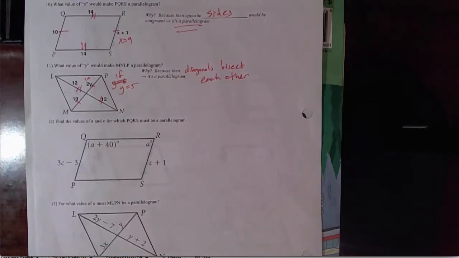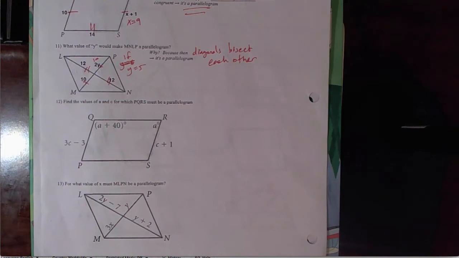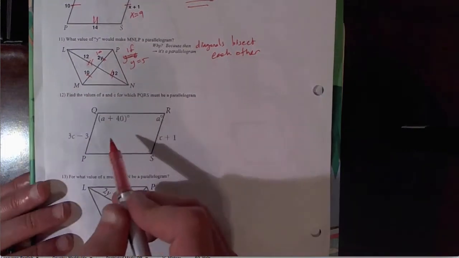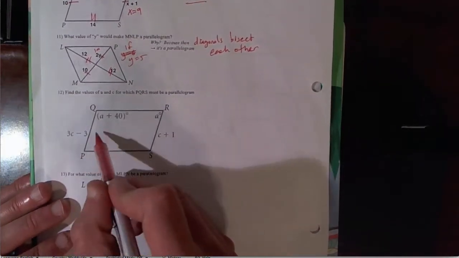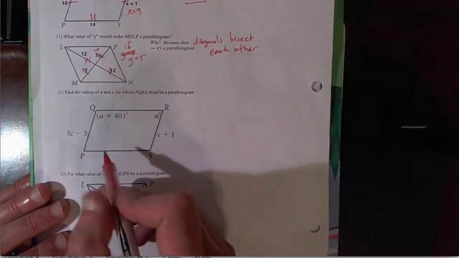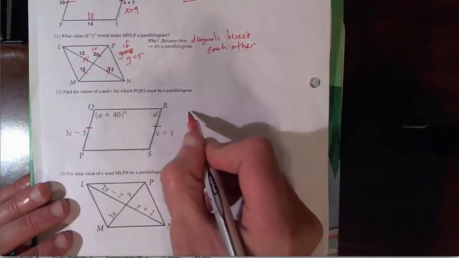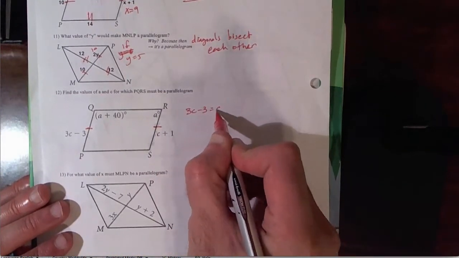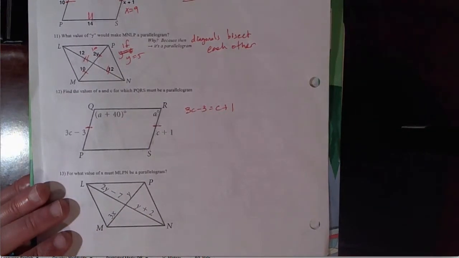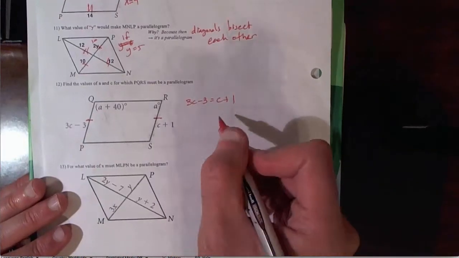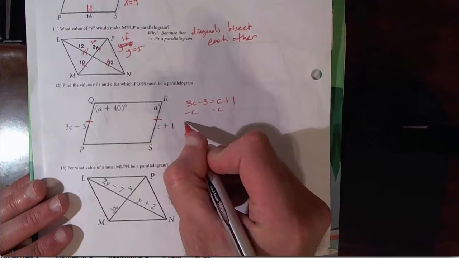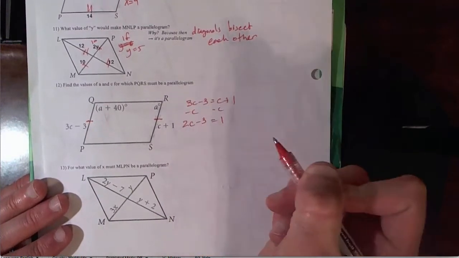Okay, let's find the values of A and C. We'll do 12 together, and then try 13 on your own. Find the values of A and C to make this a parallelogram. If this was to become a parallelogram, this would have to equal this, so let's just set them equal and solve algebraically. We subtract C from both sides, so 2C minus 3 equals 1.